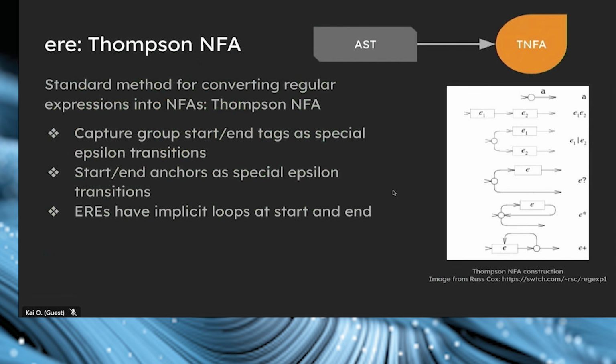Same with the question mark, which is optional, star, which is 0 or more, and plus, which is 1 or more. The main thing is that we are turning this regular expression into some kind of state machine that you can imagine as a multi-threaded state machine.